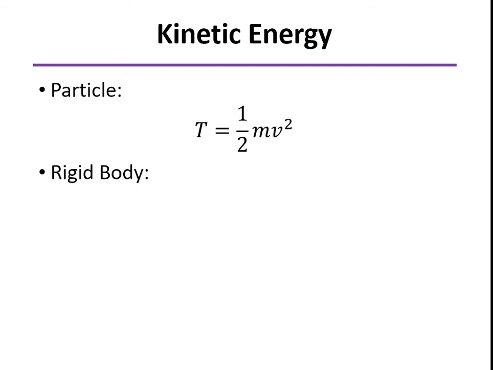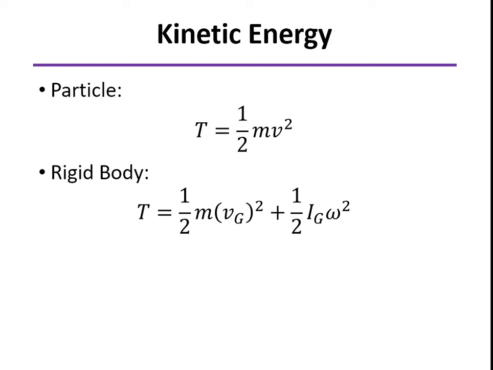Now, we're going to relate that, of course, to the kinetic energy of the system. And so when we have a particle, remember the kinetic energy is 1/2 mv squared. But when we have a rigid body, we've got rotation going on at the same time, and there's energy required for that as well. So for the rigid body, we still have the 1/2 mv squared, but we have to be specific that it is the velocity of the center of mass in that part of the expression.